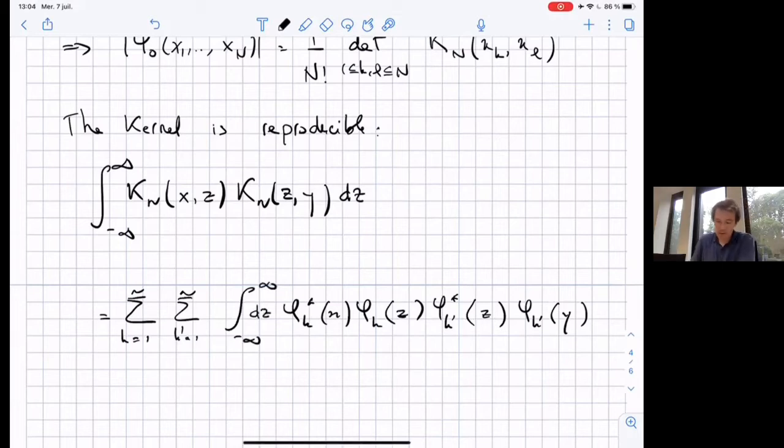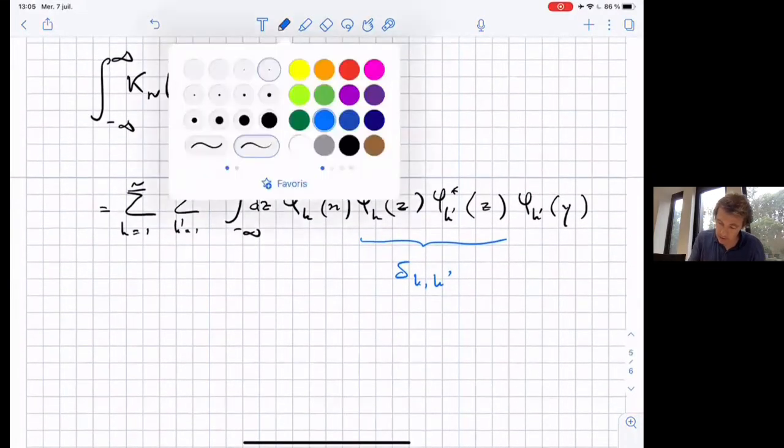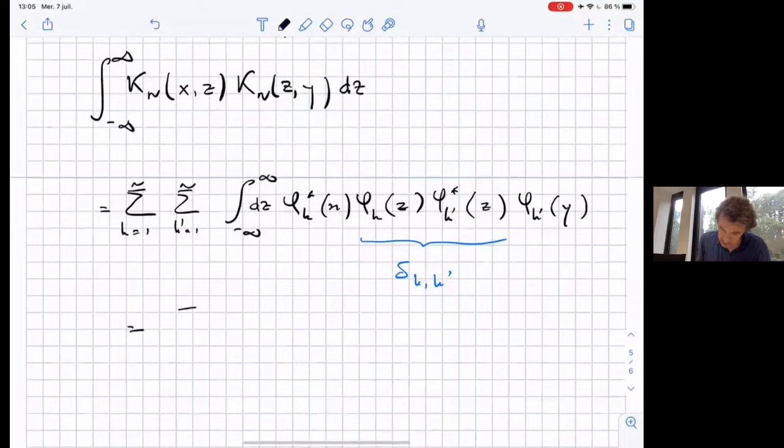But you have to remember that these are eigenfunctions of Hermitian operators, and that means that they are orthogonal. That's the property I want to use: this integral over z will produce a delta_kk'. So this is just the sum from k to n of phi_k star of x, phi_k of y.